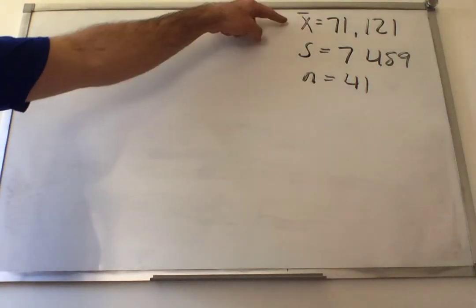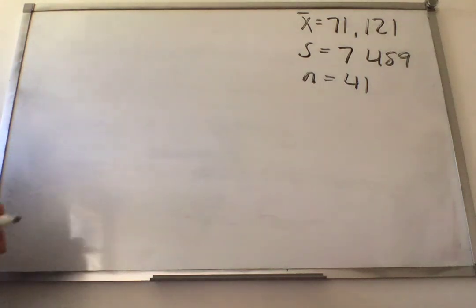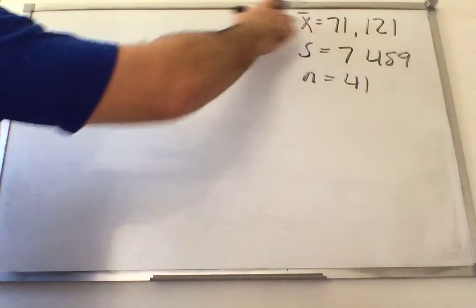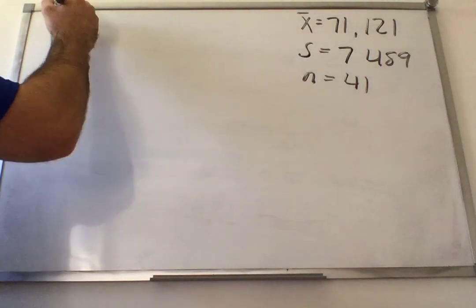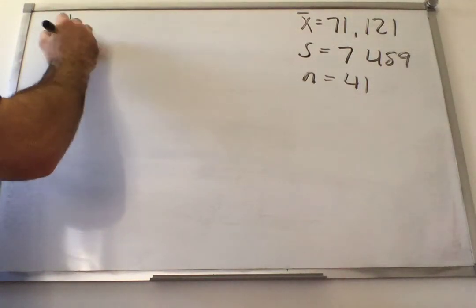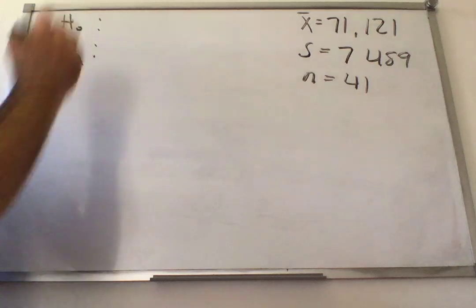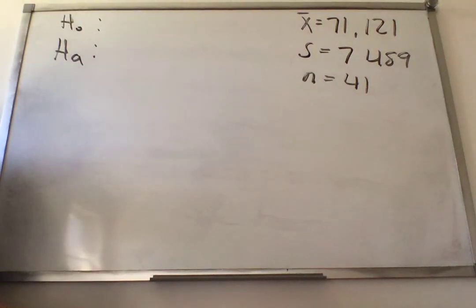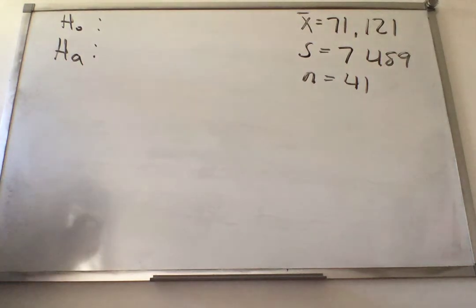Okay, so right here, we already have an average that's bigger than our population average. Let's look at our null hypothesis and our alternative hypothesis. A survey was conducted of 41 nurses to determine if the annual salary is higher than. So we are claiming that the salary of California nurses is higher than the national average. So that is our claim.